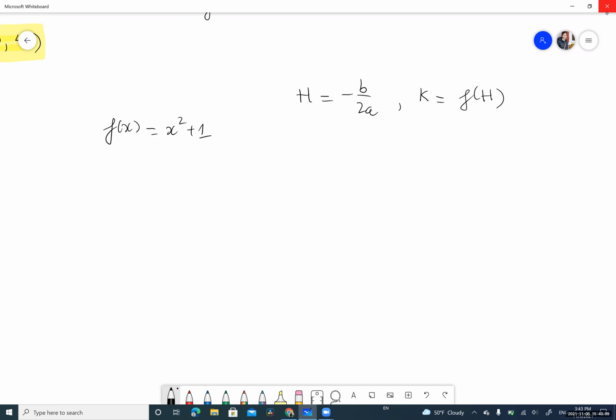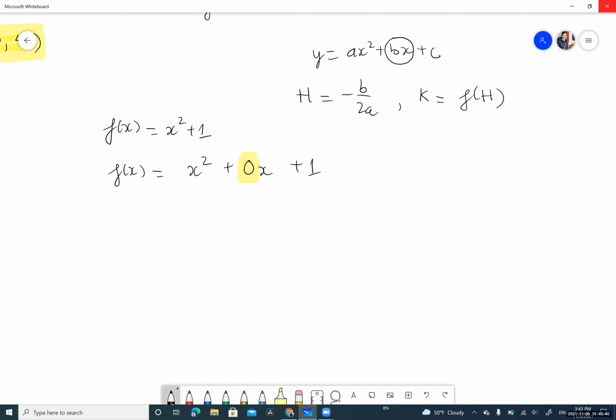And hold on, the standard formula is ax squared plus bx plus c, but I don't see any linear term in this function. I don't see the x. So how can we find b for this formula? No worry about that. If I rewrite this function as x squared plus 0x plus 1, now the b appears right here. So this is the b, right?